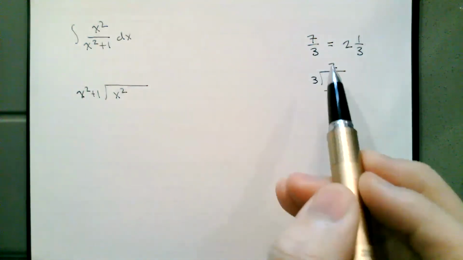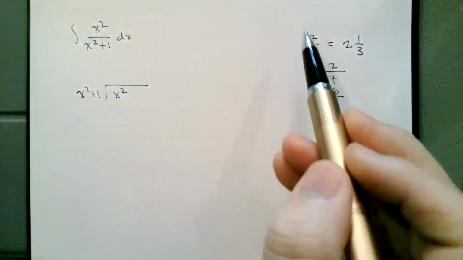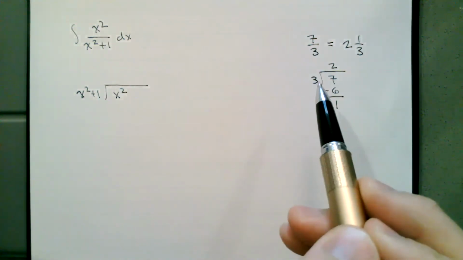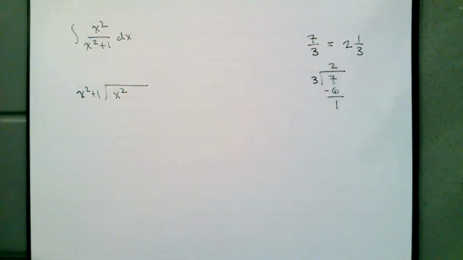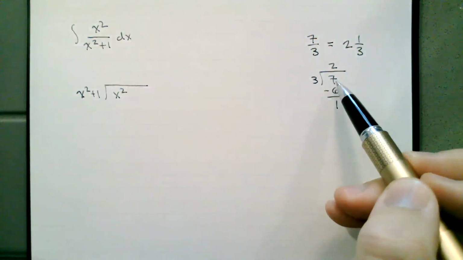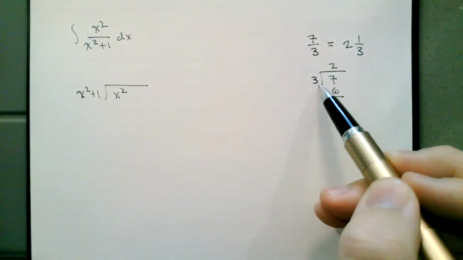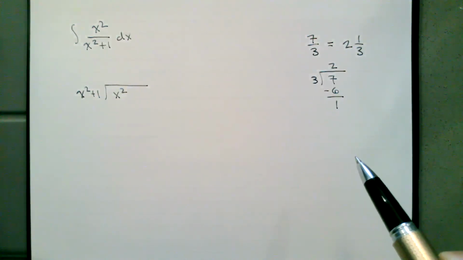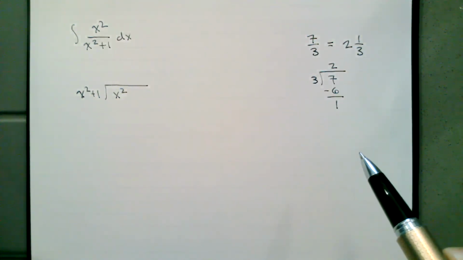And we're going to ask the same questions that we did over here when we wrote our improper fraction as a mixed number. We said 3 goes into 7 2 times. That's just the incantation that I was programmed with when I was a kid.